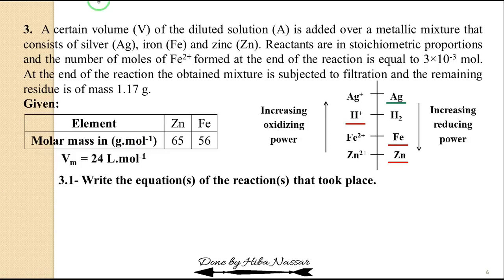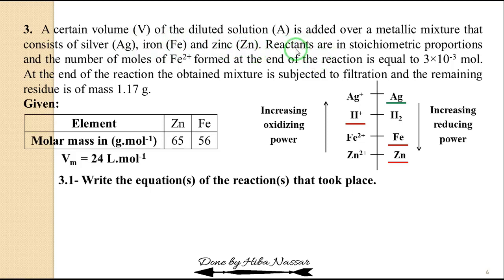Now question number 3. A certain volume V of the diluted solution A of molar concentration 0.1 mole per liter, don't forget that, is added over a metallic mixture that consists of silver Ag, iron Fe and zinc Zn.